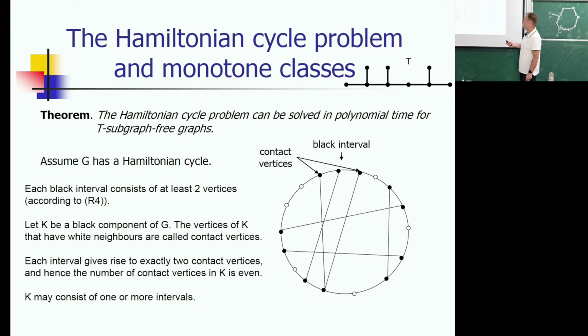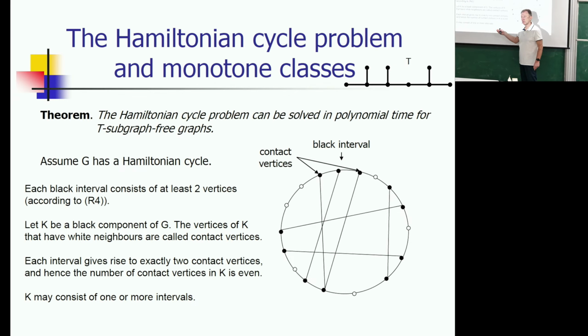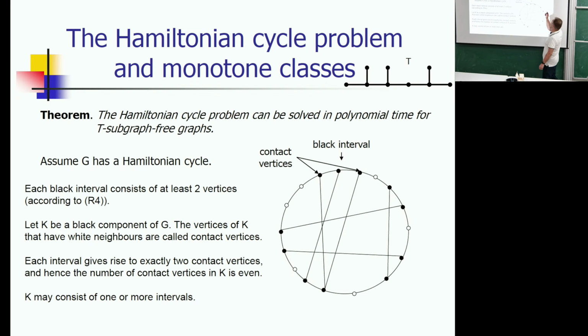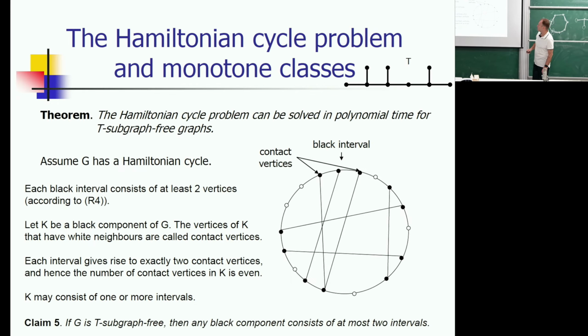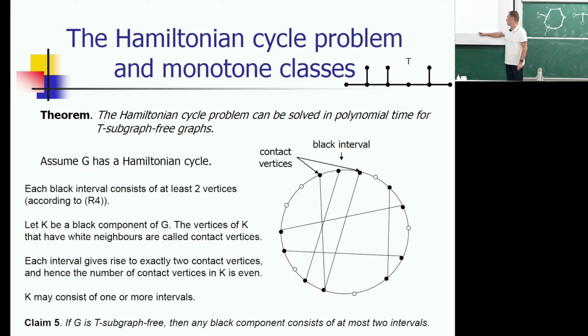In general, a black component may consist of 1 or more intervals, but in the special case of T subgraph free graphs, the number of intervals must be at most 2, which is the longest claim to prove.